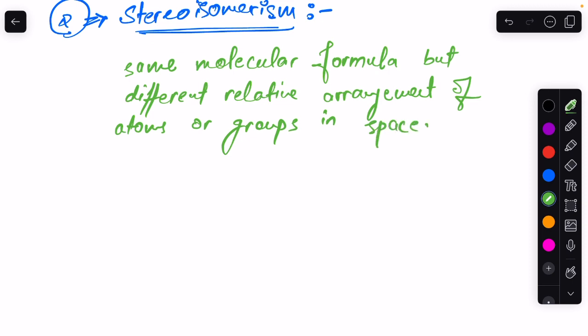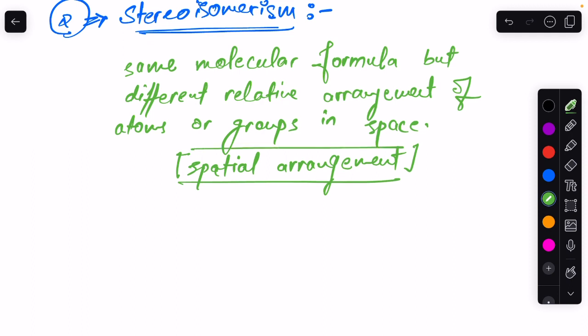So in short, we are talking about spatial arrangement of atoms in two different isomers. Such isomers are known as stereoisomers, and the phenomenon is known as stereoisomerism.